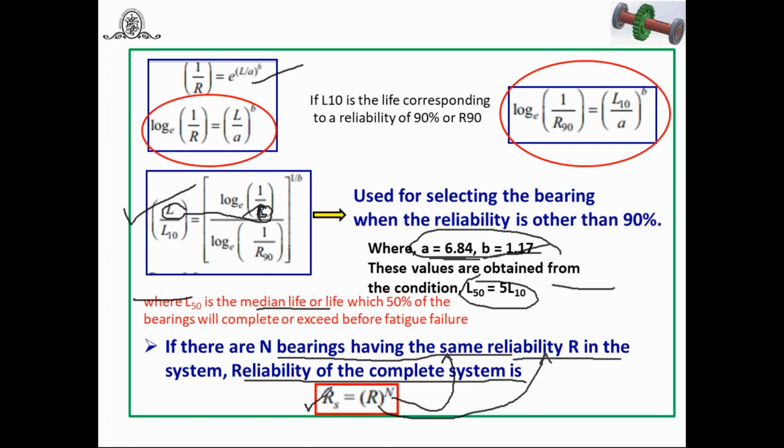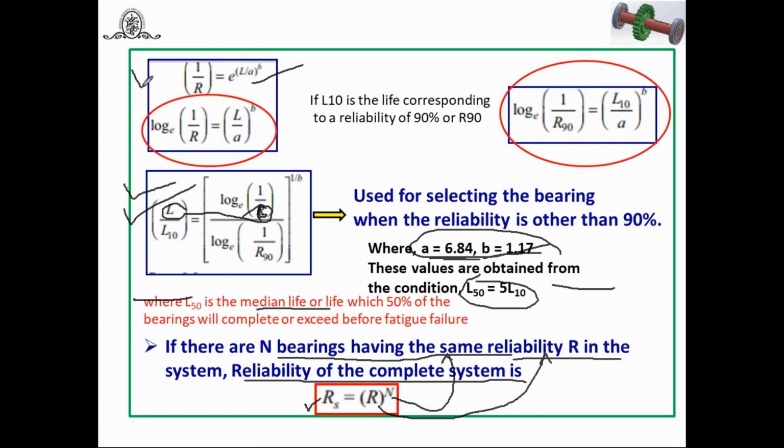Try to understand. Now here, this Rs means system reliability, which is the probability that none of the n bearings fail during its lifetime. So in this way, this is the reliability or probability of survival of the bearing. So you should know that.